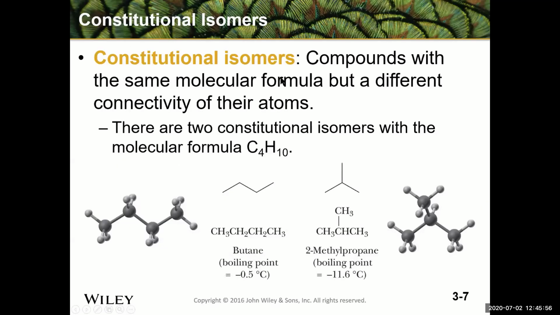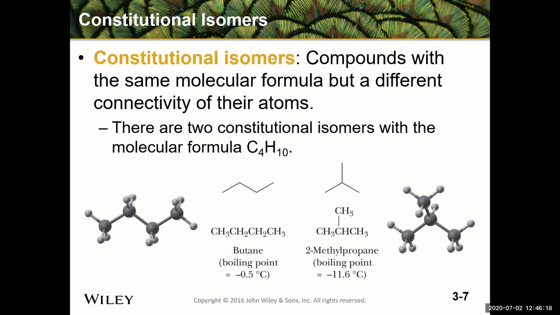Okay, so now I want to talk about a very important concept in organic chemistry, and that's something called constitutional isomers. So constitutional isomers are groups of compounds with the same molecular formula but a different connectivity in their atoms.